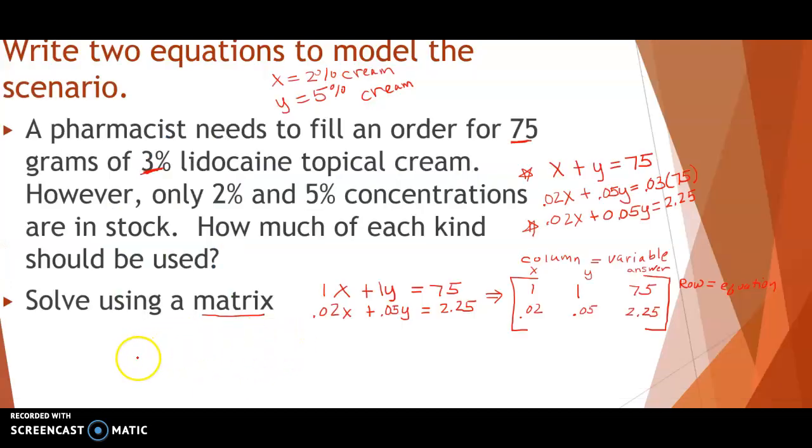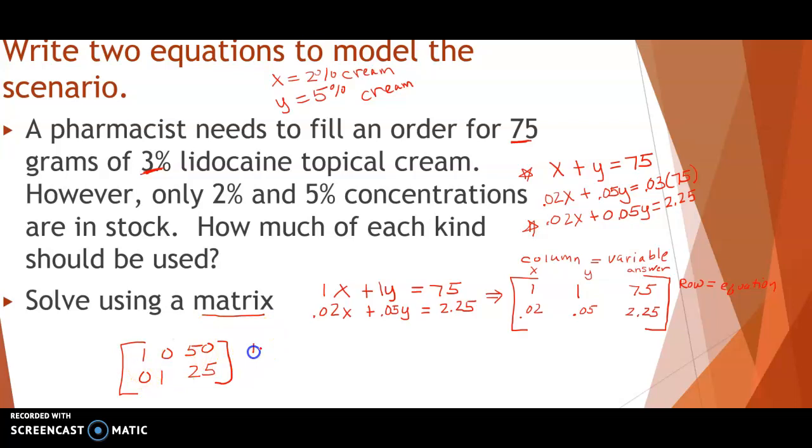So I'm back here on my PowerPoint slide, and the matrix answer that the calculator had given me was 1, 0, 50. And the second row was 0, 1, 25. So we had talked about before that each row is equivalent to an equation. So this first row, these are the coefficients, and the order of the variables stay the same.